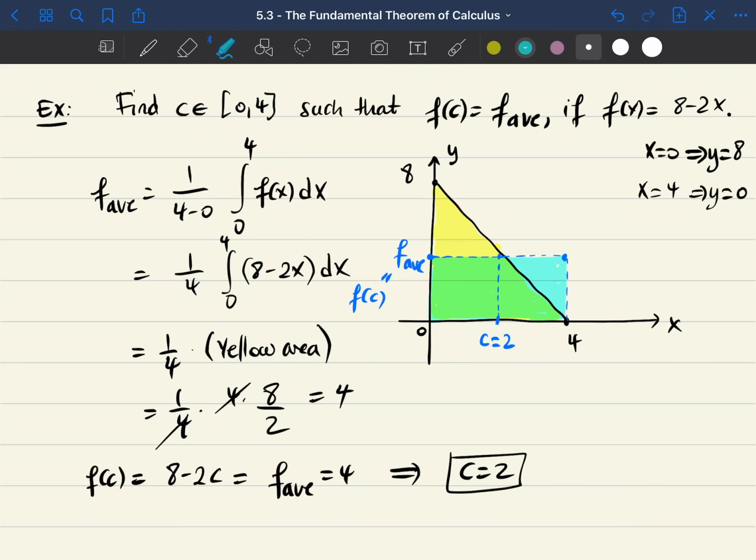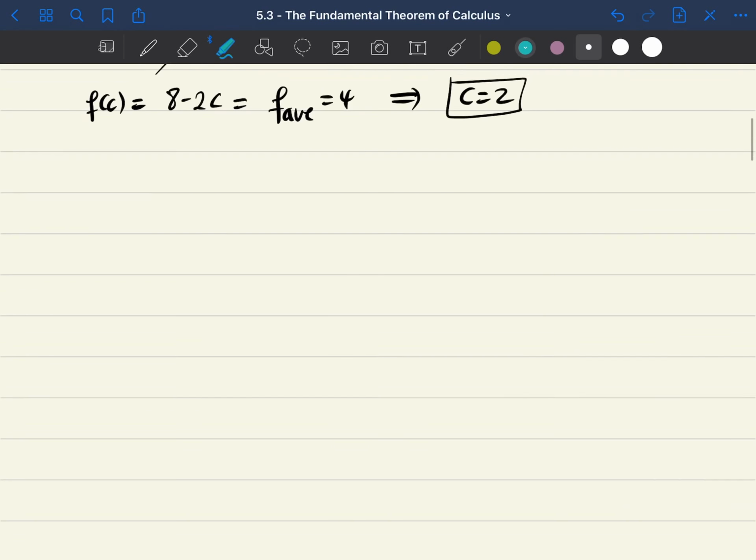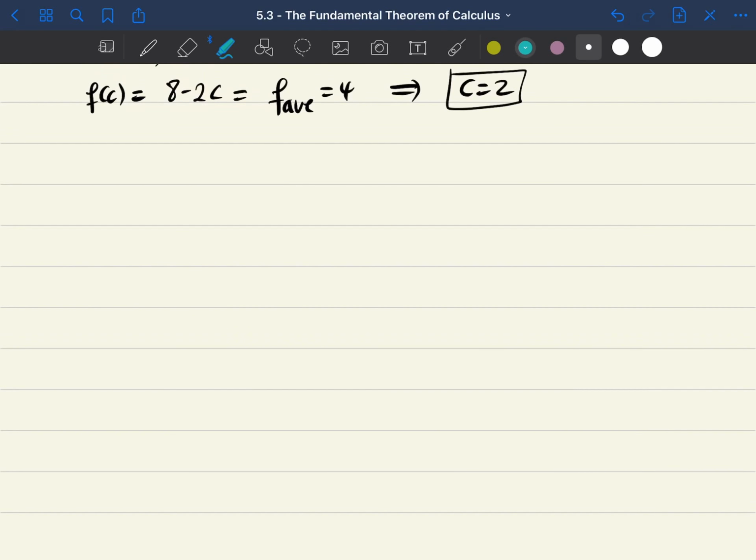All right, so let me state it now. So this is the main theorem of actually this entire course. Main theorem. So this is called the fundamental theorem of calculus.